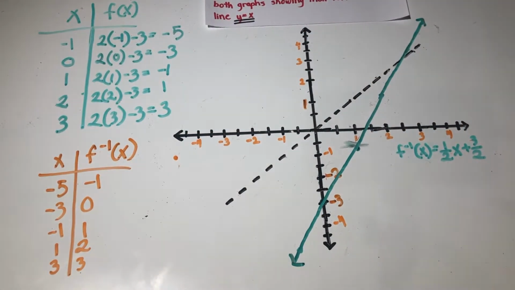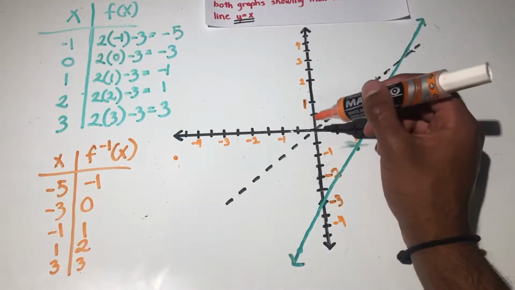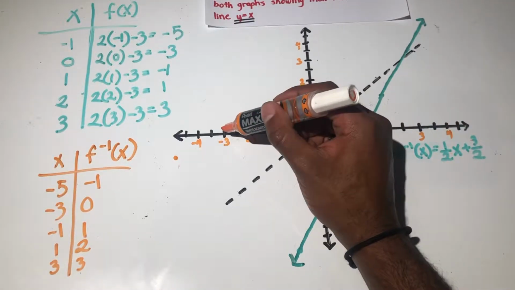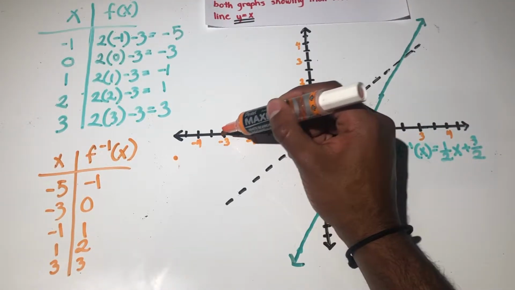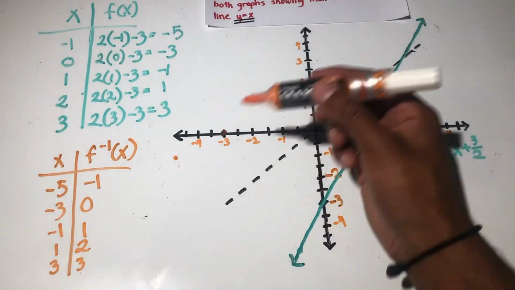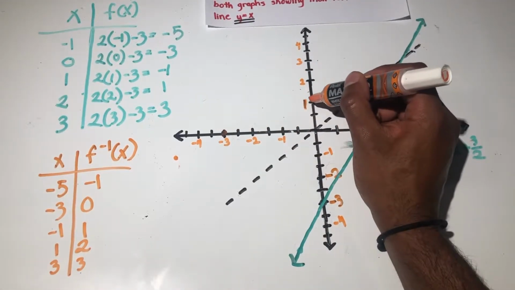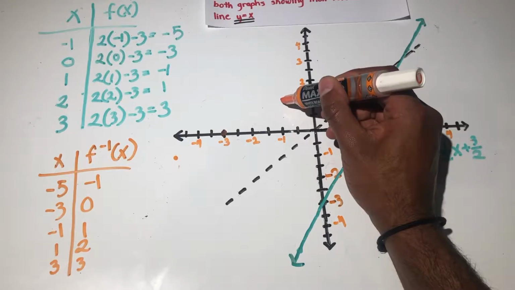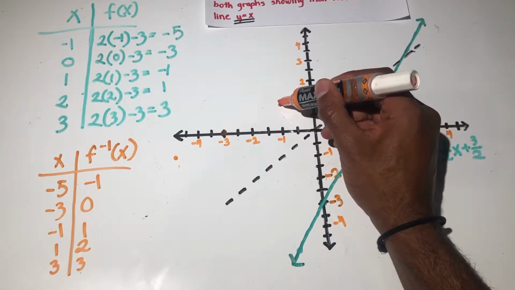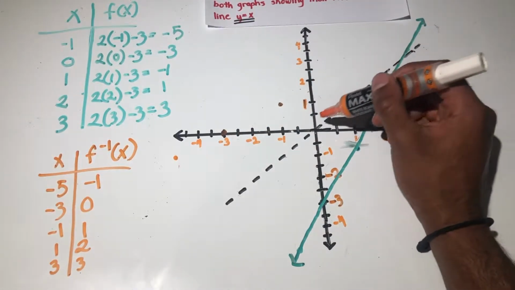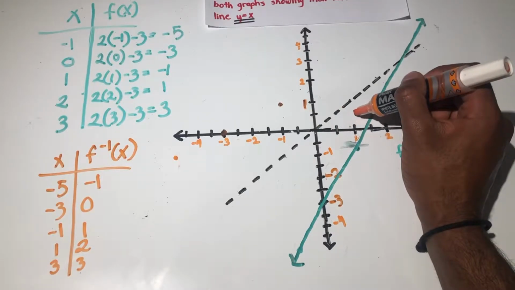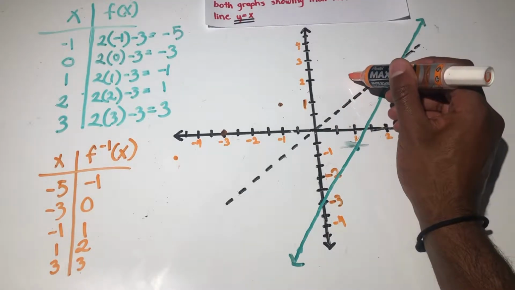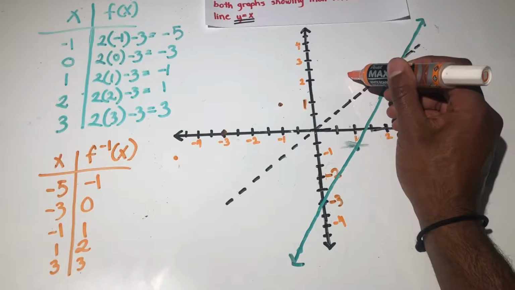There we go. And then at -3 we have 0, so right there on the x-axis. We have -1 and 1, so right there. We have 1 and 2, somewhere here.